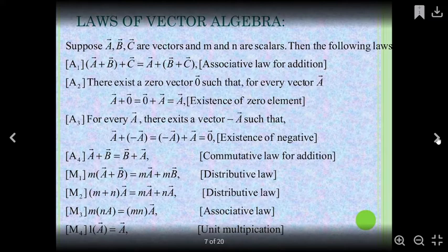There exists a zero vector such that for every vector A, A plus 0 is equal to 0 plus A is equal to vector A. For every A there exists a vector minus A such that A plus minus A, or minus A plus A, is equal to 0, the existence of negative. A plus B is equal to B plus A, the commutative law for addition. m into A plus B is equal to mA plus mB, the distributive law. m plus n into A is mA plus nA, the distributive law. m into nA is mn into A, the associative law.